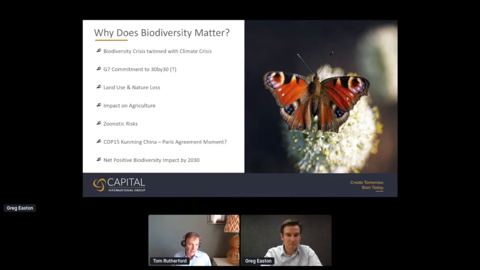And interestingly, we're looking for similar outcomes to what we achieved in Paris way back in 2015, in terms of global commitments that will elevate, in a formal policy and ultimately a regulatory sense, to ensure that biodiversity and nature is protected. What will that impact?